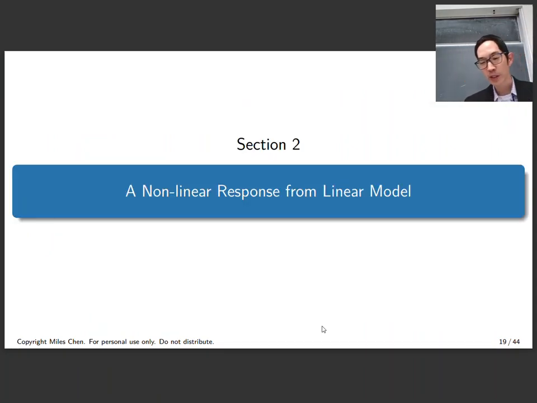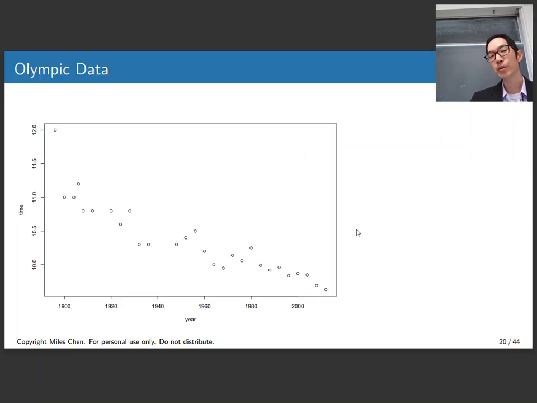What if we wanted to fit something nonlinear? Okay. So it's still a linear model. But you can have a polynomial, right? If you have data that goes like this, and you fit some kind of polynomial relationship, that is still considered to be a linear model.